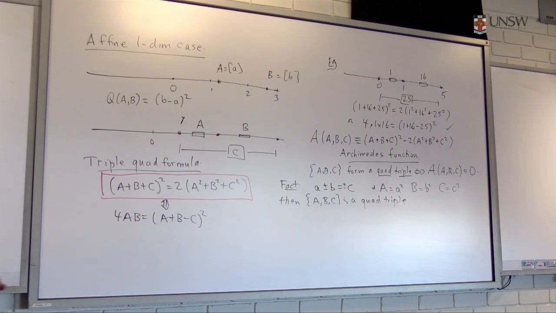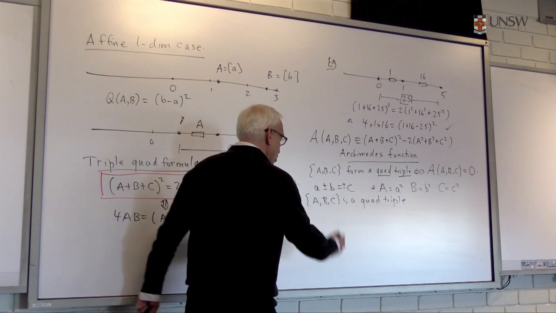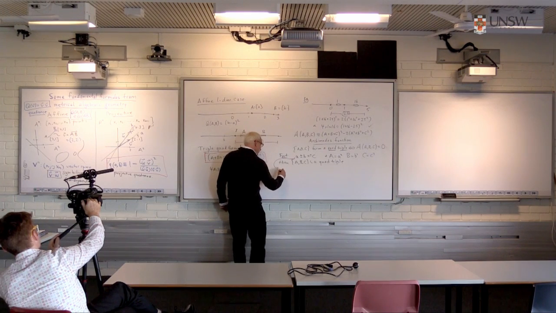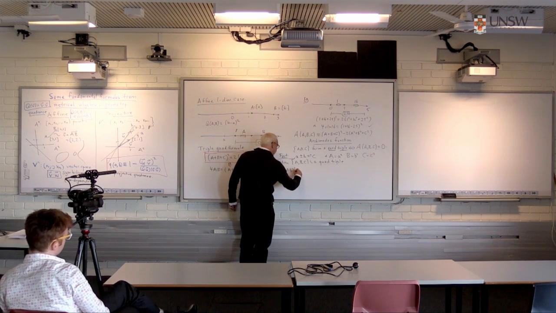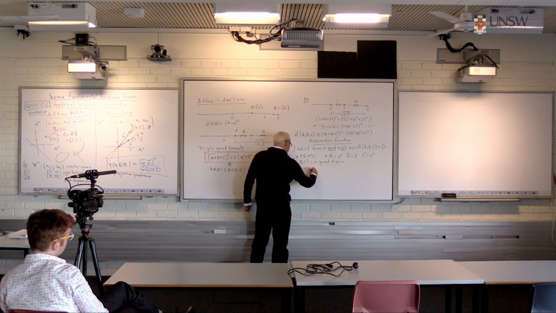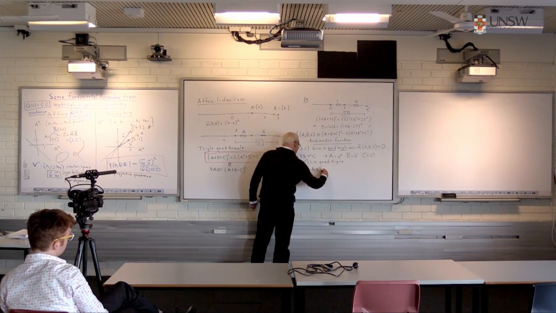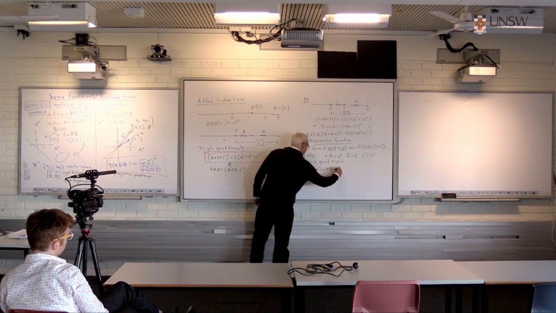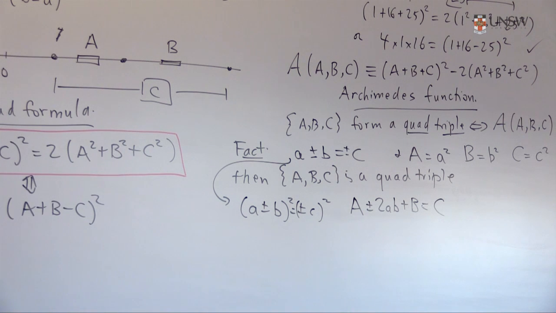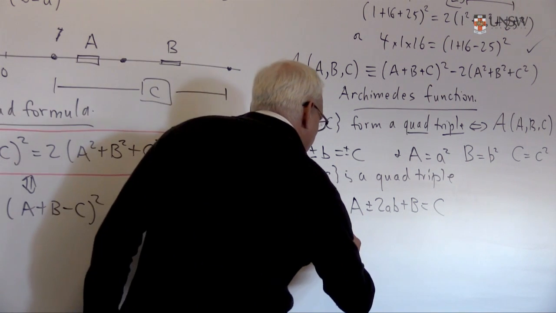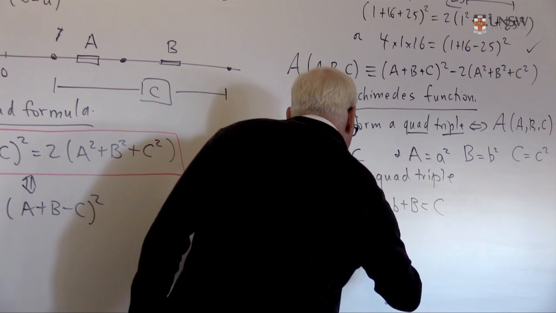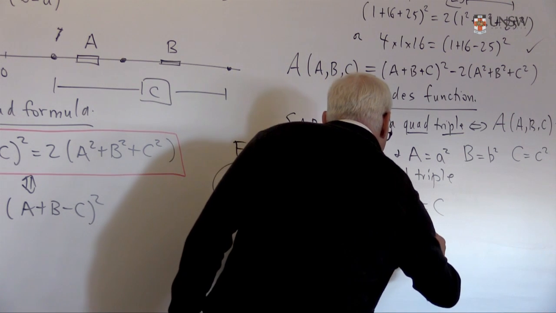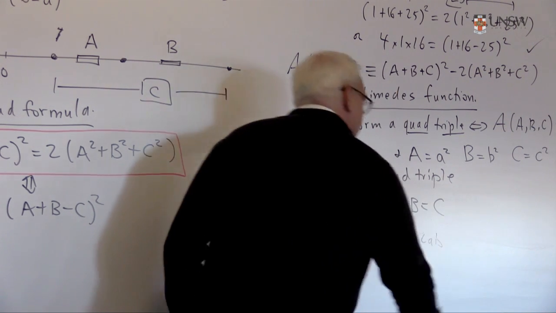And so let's just verify that. If we take this thing here, a plus or minus b equals plus or minus c, and we square that, then we get capital A plus or minus 2ab plus capital B equals capital C. And then if I bring everything to the one side, I can write that as A plus B minus C equals plus or minus 2ab.